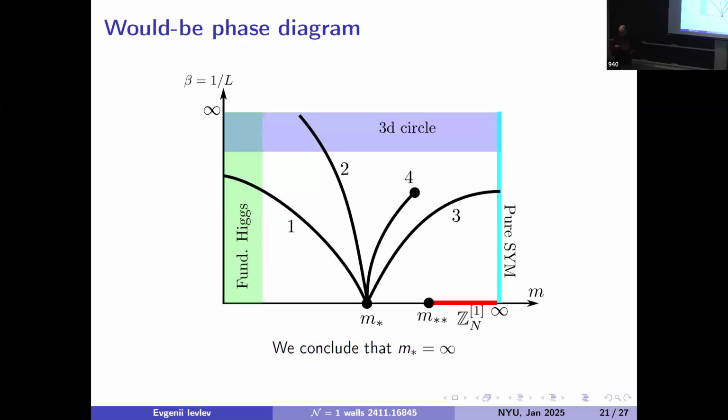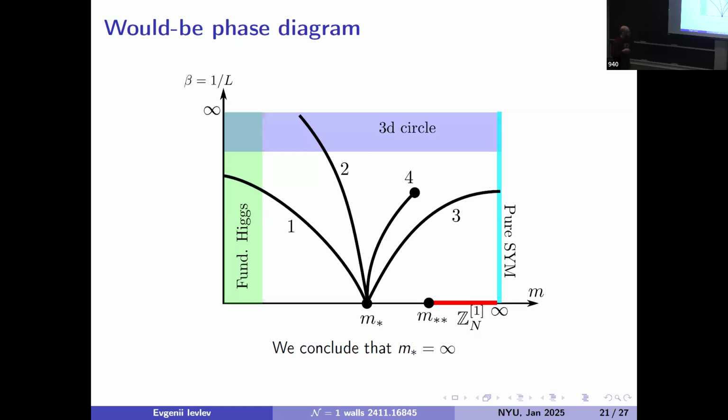But at which point in terms of the bulk quark mass does this phase transition happen? We draw the following diagram and try to argue that this phase transition actually happens at the endpoint of infinitely heavy quarks, not at any finite value of the quark parameter. And in order to argue that, let's suppose the opposite.